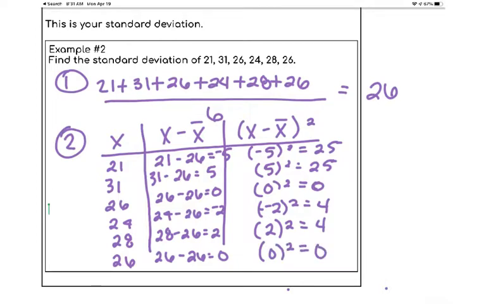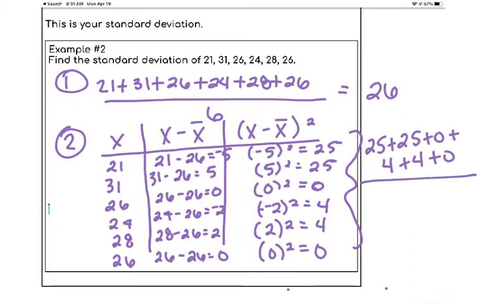But we're not done there. Once we have all of these values in the right-hand column, we're going to find the mean of those. So we're going to average them. 25 plus 25 plus 0 plus 4 plus 4 plus 0, divided by how many numbers we have: 1, 2, 3, 4, 5, 6. So we should have gotten 58 divided by 6, which will give you something like 9.6.